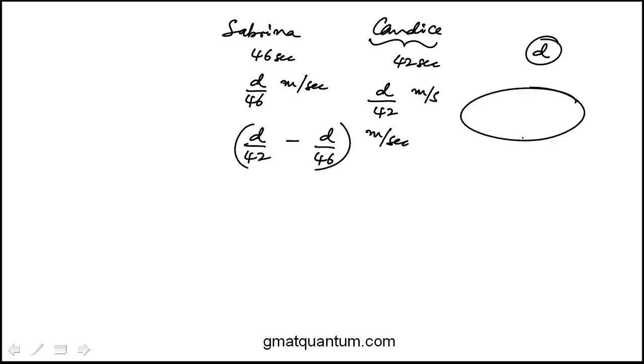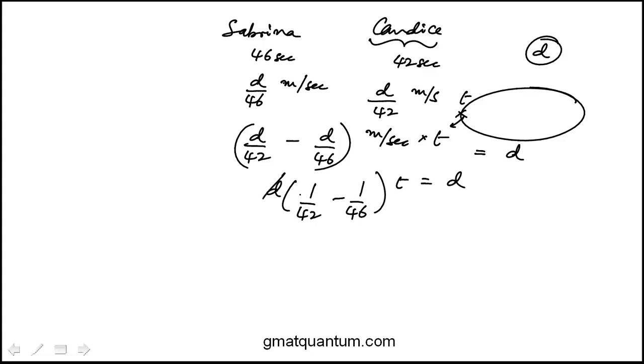And let's say they meet after time t. Then if I multiply this by t, the first condition I'm going to put is that Candace has gained one full lap. And we'll find this time. For example, I can factor out a D. You'll see the D term actually drops out. Doesn't really matter what the D is.